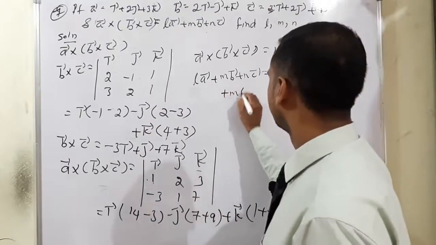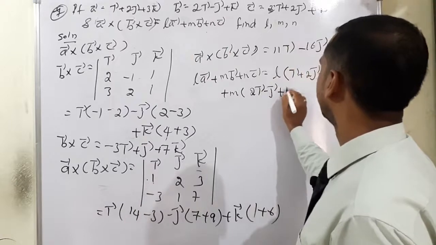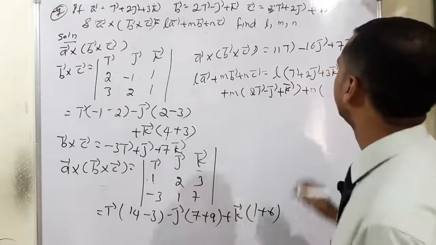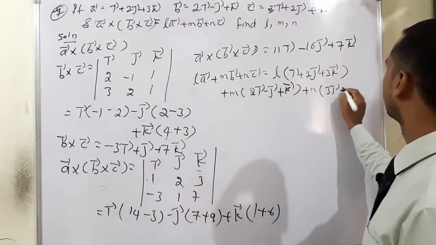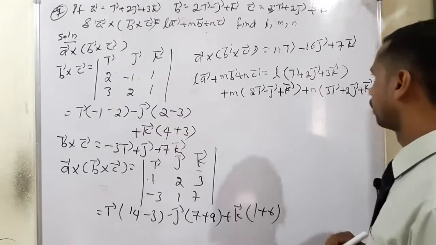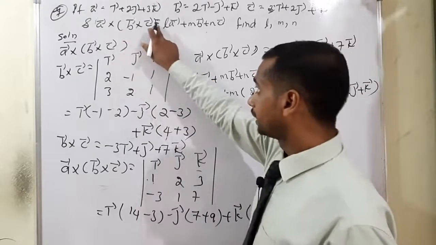Then plus M into B vector means 2 i vector minus j vector plus k vector. Then plus N into C vector means 3 i vector plus 2 j vector plus k vector. Now, according to the condition, the left hand side is equal to the right.